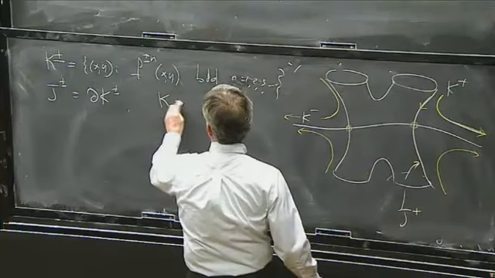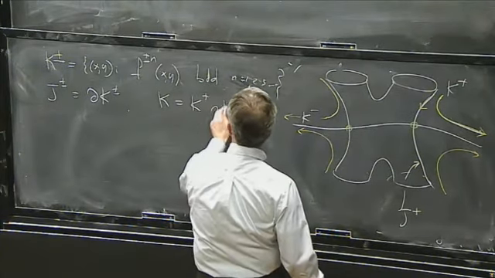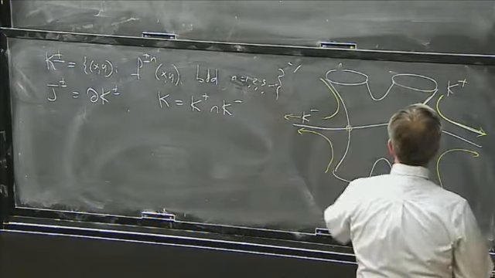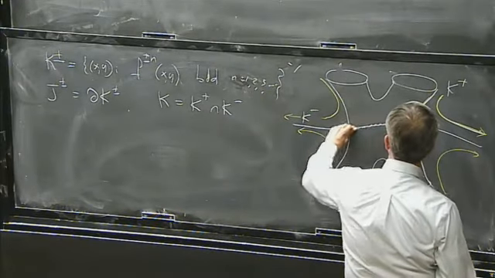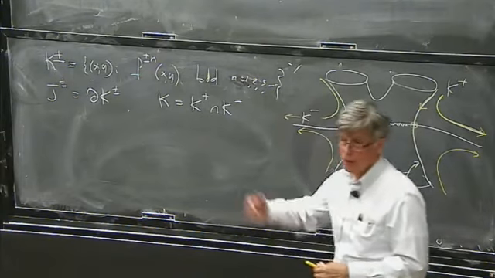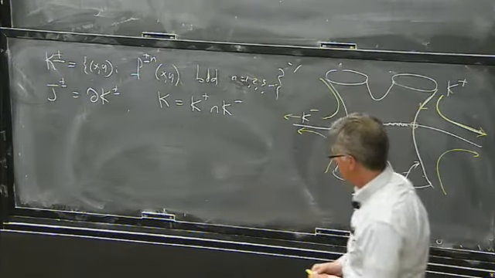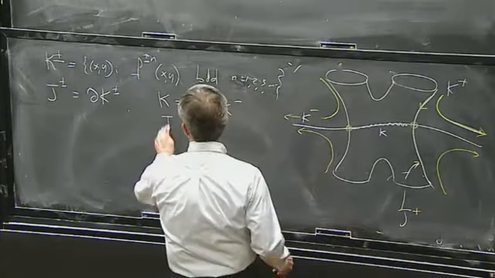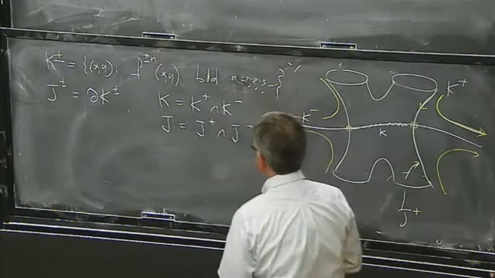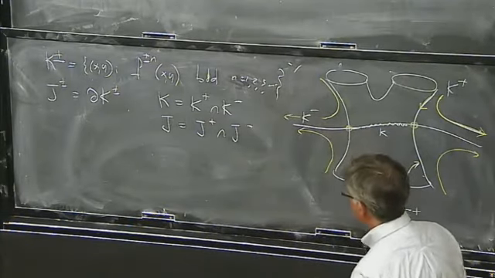K is the intersection of k plus and k minus. So these are all the points in here. This is the set K. So these are the points whose orbits are bounded in all of forward and backward time. And there's also J, which of course you would make in parallel with everything else.